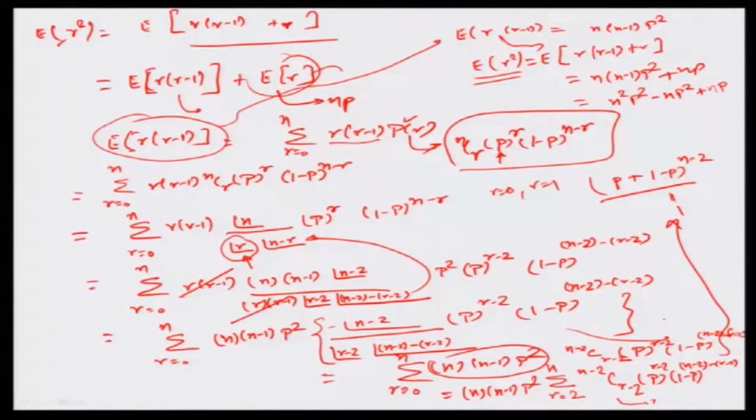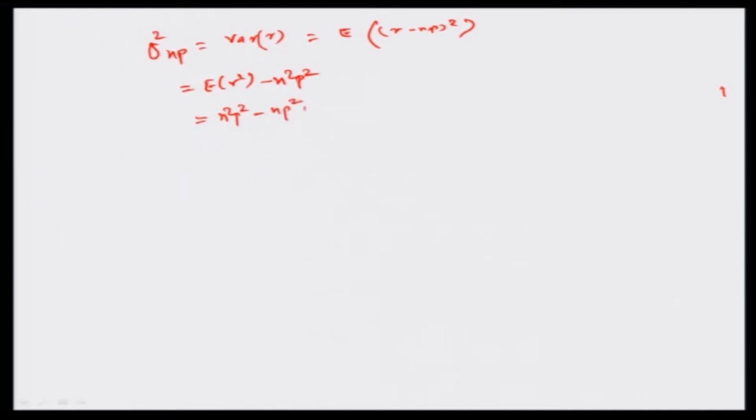So, from this value right about here, I would like to plug in and calculate the variance of r, that is expectation of r minus n p square, and we find that this variance can be expectation of square of r minus n square p square, which is n square p square minus n p square plus n p, minus n square p square again as applied by this term.